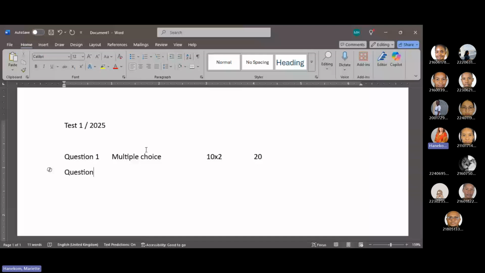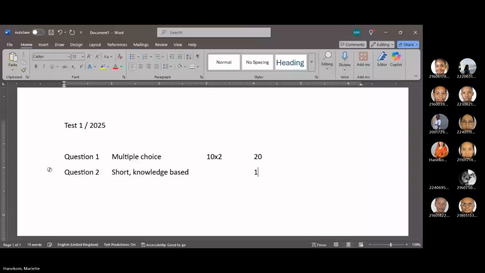Then question 2, as always, short knowledge-based questions, a total of 10 marks. Question 3 is a discussion question for 5 marks.